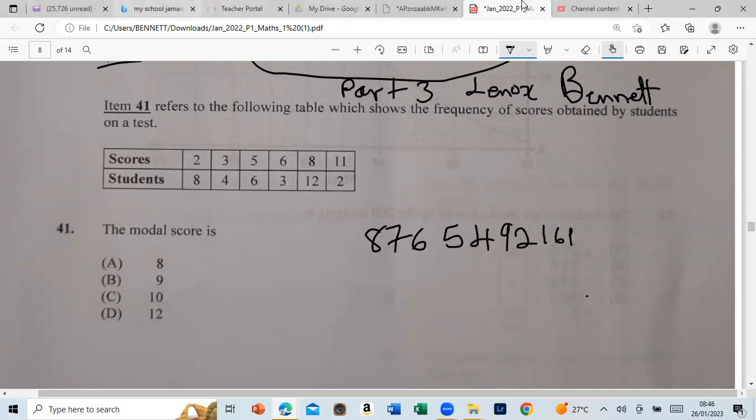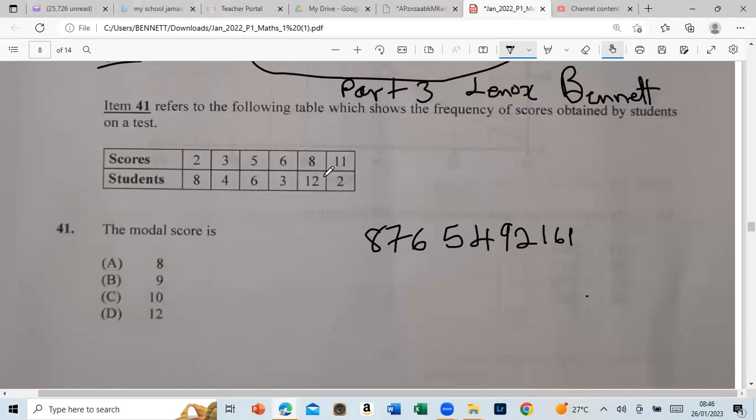In terms of score, this is saying that 8 students scored 2, 4 students scored 3, 6 students scored 5, and 3 students scored 6. 12 students scored 8, and 2 students scored 11.